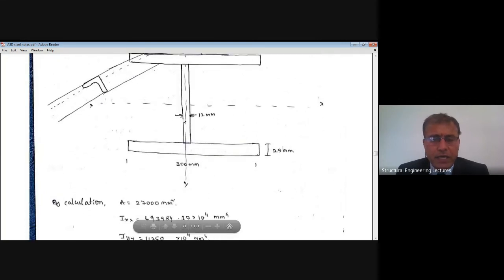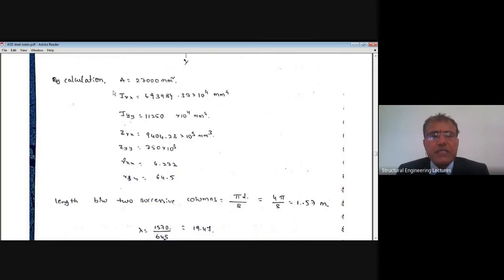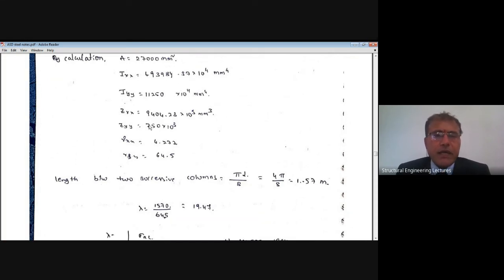Once the CG is located, you can calculate the moment of inertia of this section, right? This now works out, say, 493,984 × 10^4 mm^4. And similarly, the moment of inertia about the YY axis will now work out to 11,250 × 10^4 mm^4.